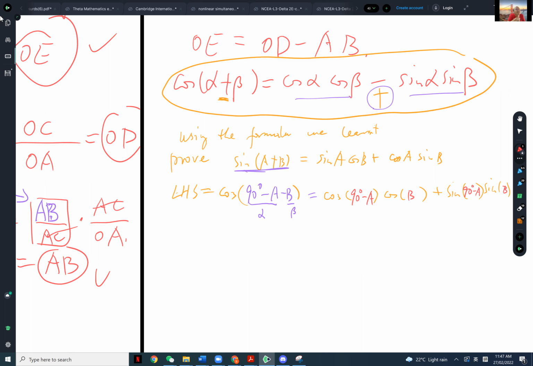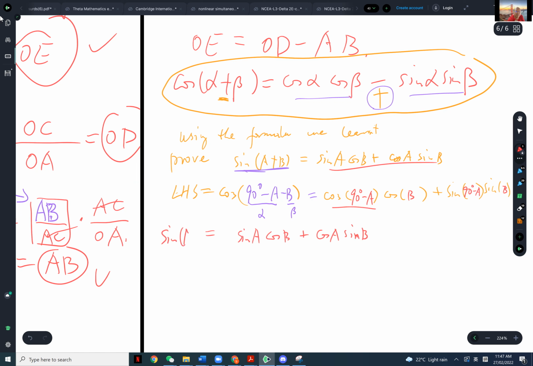We just learned cos(90 minus a) is just sine a. Proved. So we proved one more formula.